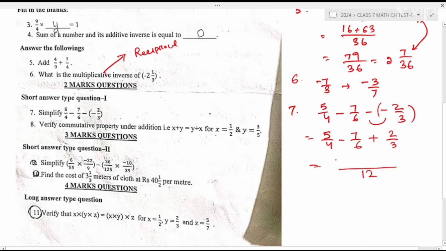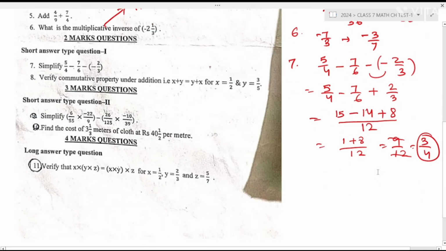Then 4 threes are 12... 3 into 5 is 15, minus 6 twos are 12... 2 sevens are 14, plus 3 fours are 12... 4 twos are 8. So 15 minus 14 is 1, plus 8, divided by 12, that is 9 by 12. When we simplify, 3 threes are 9, 3 fours are 12. The answer is 3 by 4.